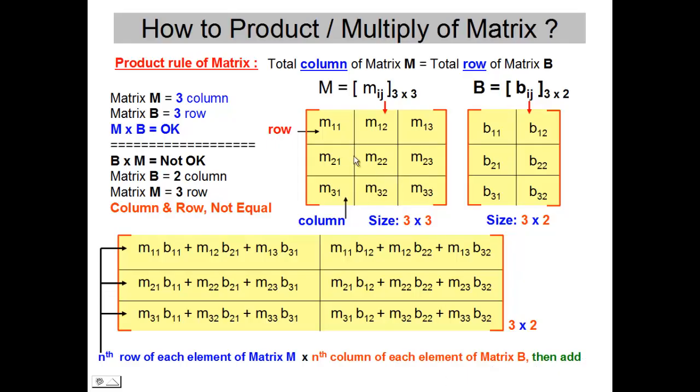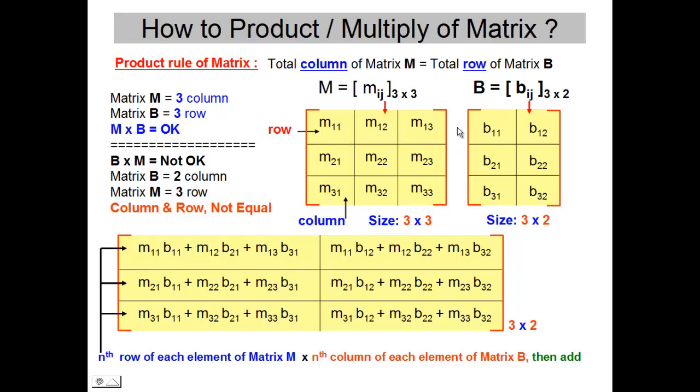So take the example: M11 multiply B11, then M12 multiply B21 plus M13 multiply B31.